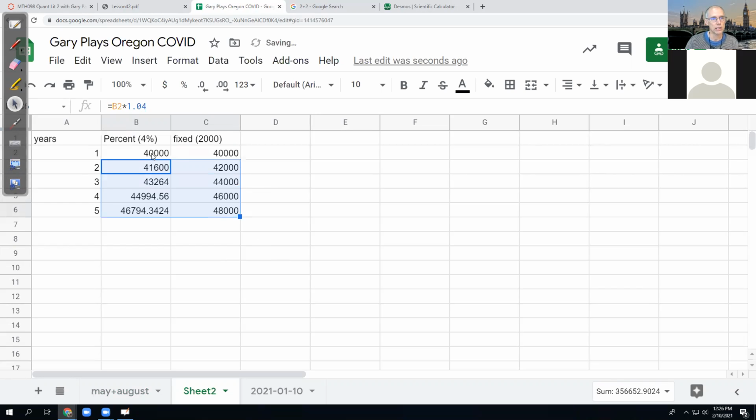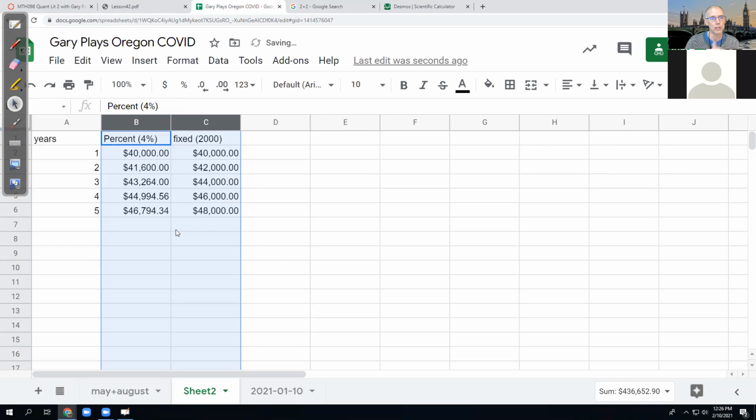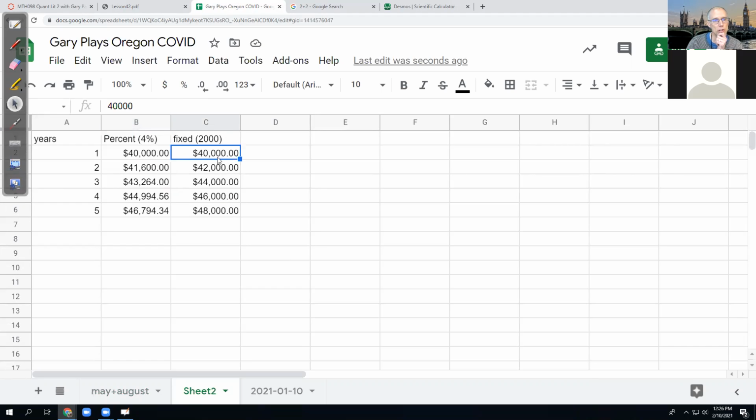Okay, and let's clean them up for dollars and cents. So let's see. The first year they're the same, second year the fixed raise is better, third year the fixed raise is better, fourth year the fixed raise is better, fifth year the fixed raise is better. So he's looking at this like, oh, I guess I should take the job that always gives me $2,000.